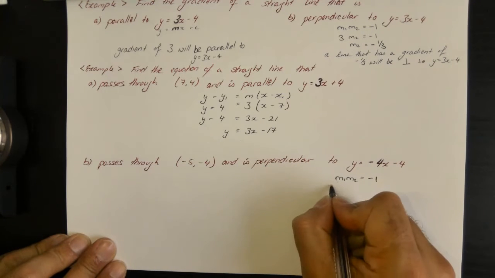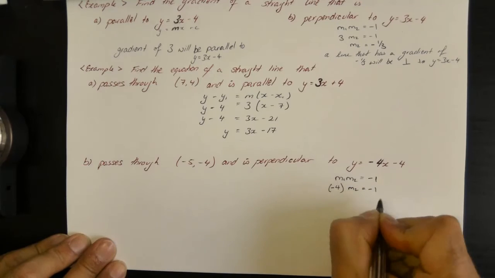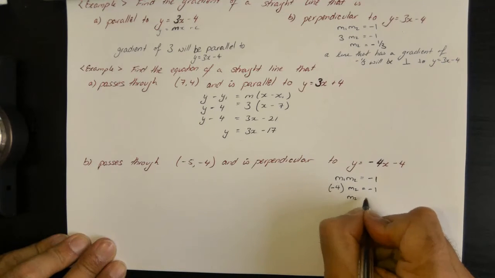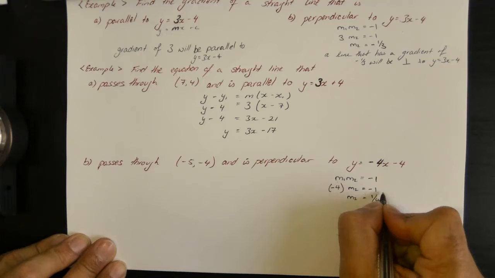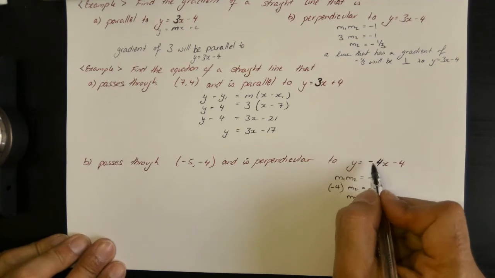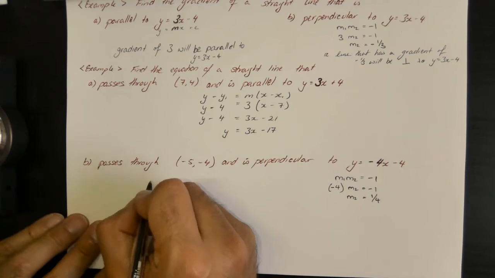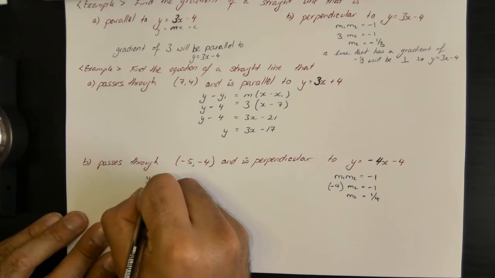If my first gradient is -4, divide both sides by -4, and I want a gradient of 1/4, the negative reciprocal of this.